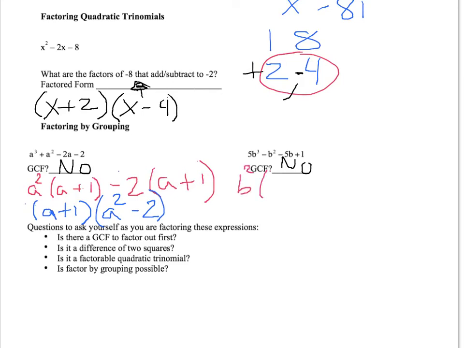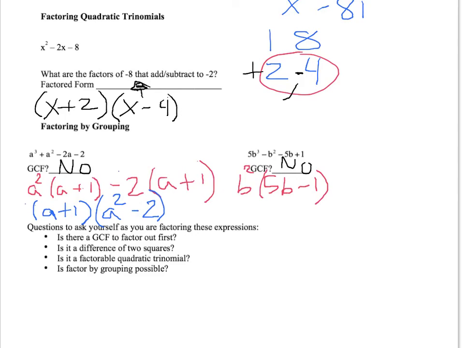What I am left with when I take out the b squared from the first 2 terms is 5b minus 1. Now, in the second 2 terms, I don't see a GCF. And I do notice it looks similar to what I had just written in parentheses. The only difference is that it's off by a negative. Instead of being a positive 5b, it's a negative 5b. Instead of being a positive 1, it's a negative 1.